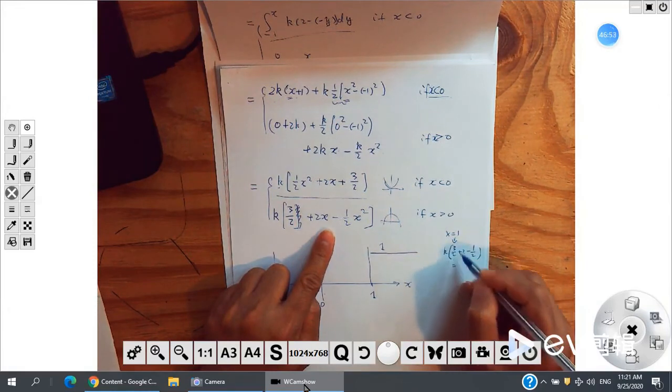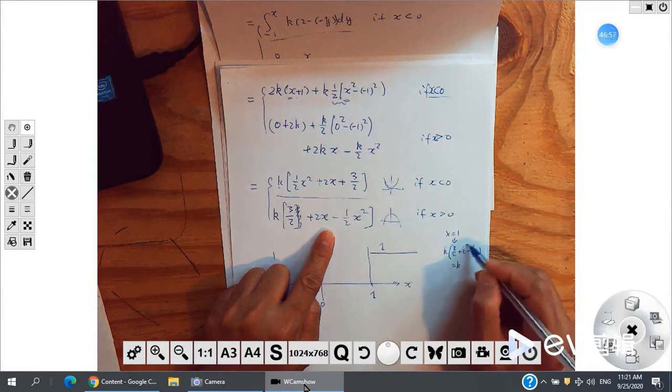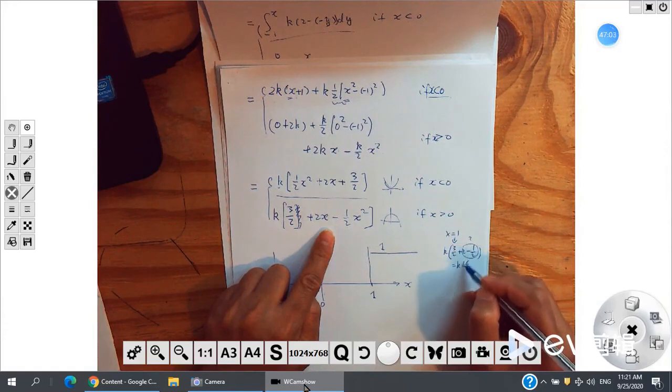So it is k times, this is also 3 of half. So this is totally 6 of half. So it's 3k. So this is 3k.